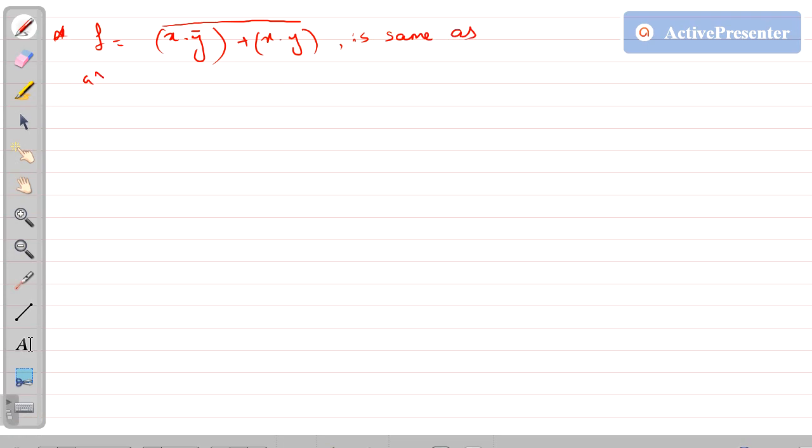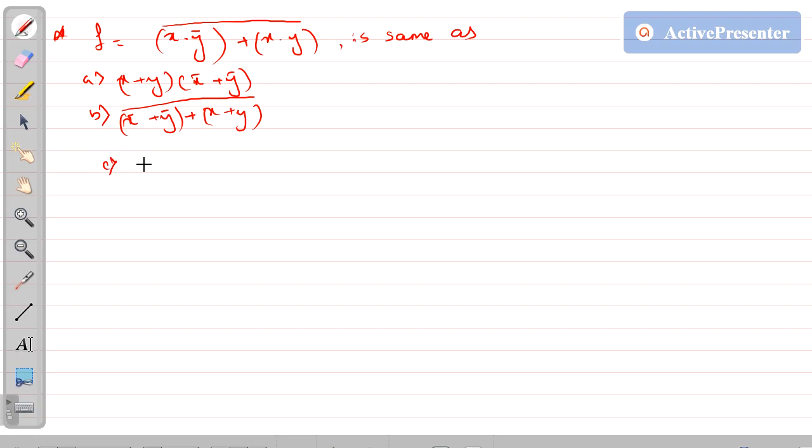and options are given. Option A is x plus y, x bar plus y bar. B is x bar plus y bar plus x plus y whole bar.